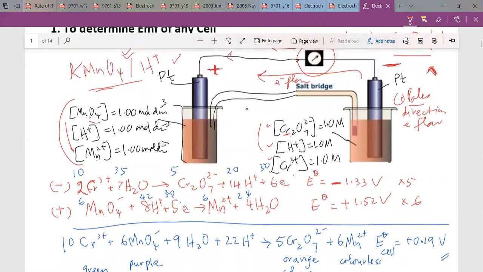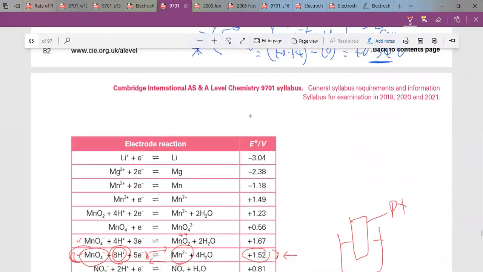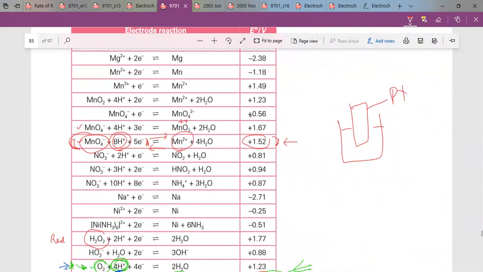That means this fellow here, the plus 7, is going to take the electrons. It's a king, man. It's a very powerful oxidizing agent. It will rob the electrons. So this is what happened here. This fellow will take 1 mole, because it's plus 7. 1 mole to become Mn2 plus must take 5 electrons.